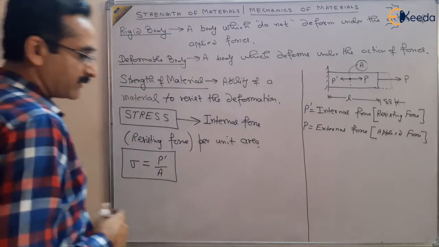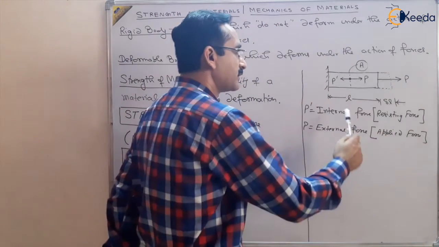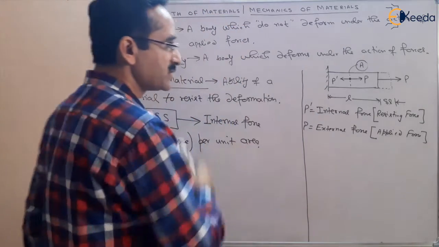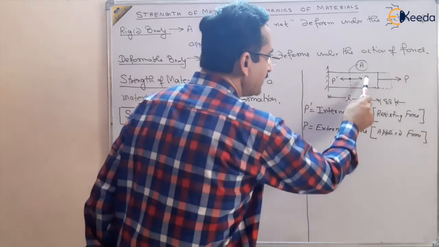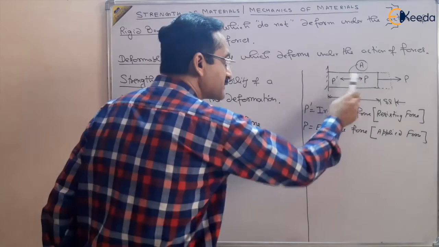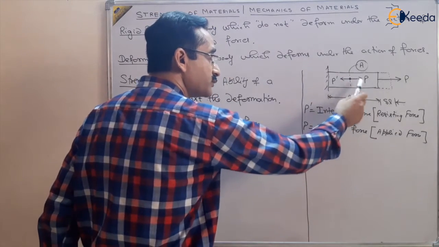But as we said, within elastic limit, if you remove this force, we will get the original dimensions of the material, means it has regained its original position. How has it obtained the original position? Because P was equal to P dash, that's why delta L has vanished. So within elastic limit, these two forces, the applied force and the resisting force, should be equal.